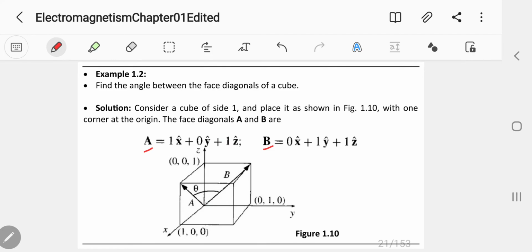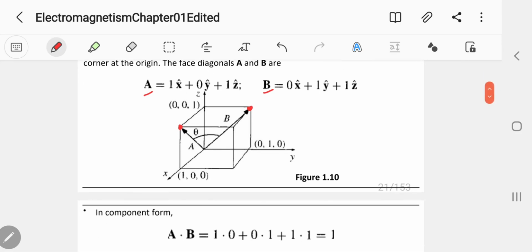So A is equal to 1x, 0y, and 1z, and for B you have 0x, 1y, and 1z. So what is the angle between the face diagonals of a cube?